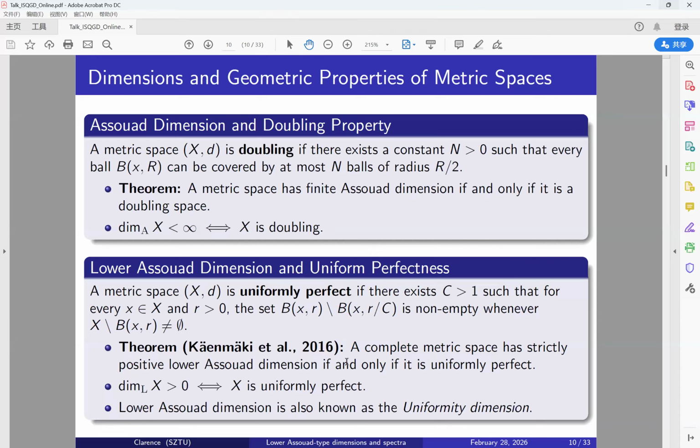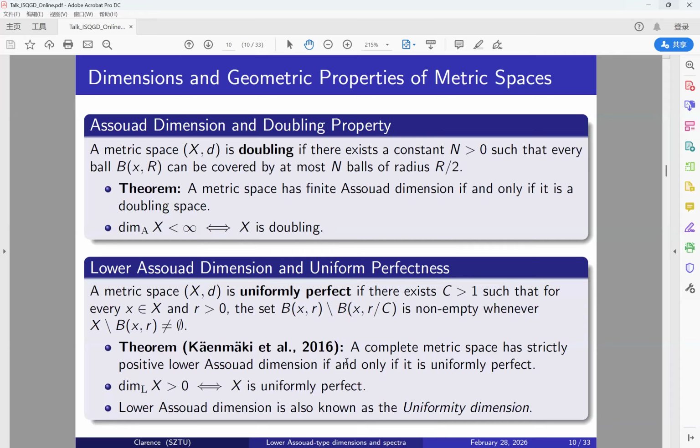A famous theorem for uniform perfectness is from Fraser and Kaenmaki et al. It says a complete metric space has a strictly positive lower Assouad dimension if and only if it is uniformly perfect. So if the set is uniformly perfect, its lower Assouad dimension will be strictly positive. Also, if a set has strictly positive lower Assouad dimension, it is uniformly perfect. One example of uniform perfectness is the ternary Cantor set.